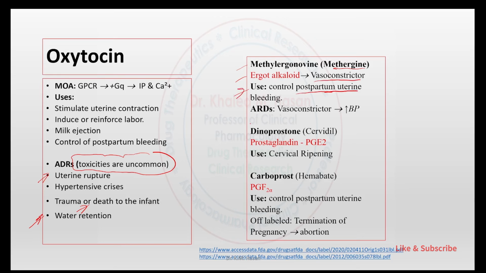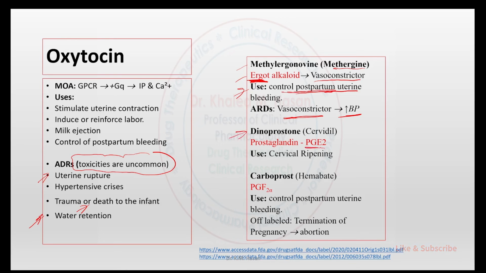Like all ergots, if you think of the migraine medication ergotamine, they cause vasoconstriction and increased risk of high blood pressure. So methylergonovine belongs to the ergot alkaloids and is used to control postpartum uterine bleeding.